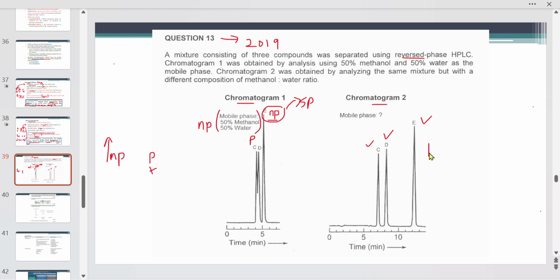Then you can get a good resolution. Can you follow? Do you understand? The same goes for the question, if the question asks about retention time, as I explained previously. Okay, can you follow? Good luck.